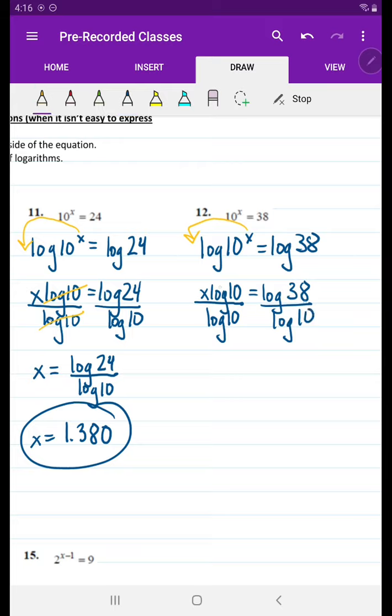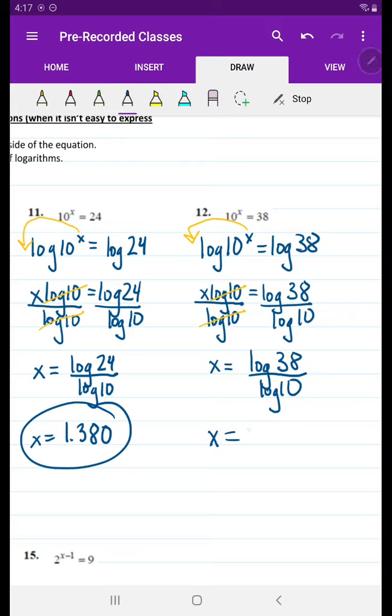Right? And so I can cross off those log 10s. And so I'm going to get x is log 38 divided by log 10. And so I can punch this into my calculator. So I'll do log 38, close the parentheses, divided by log 10, close the parentheses.